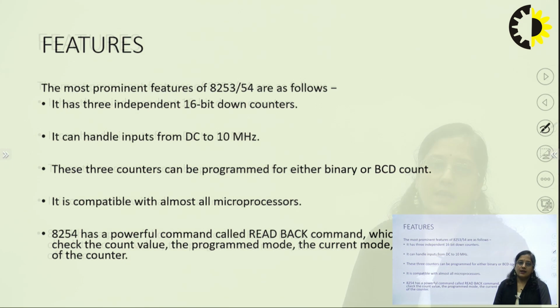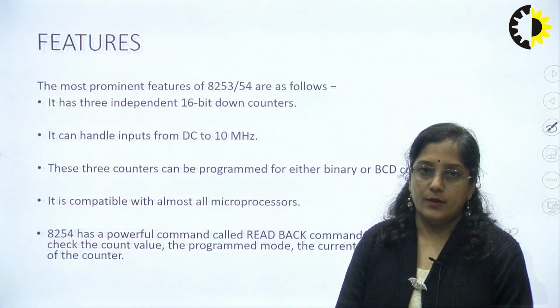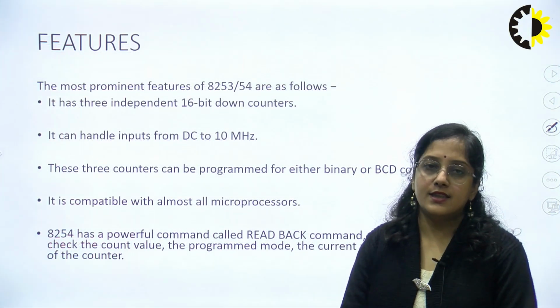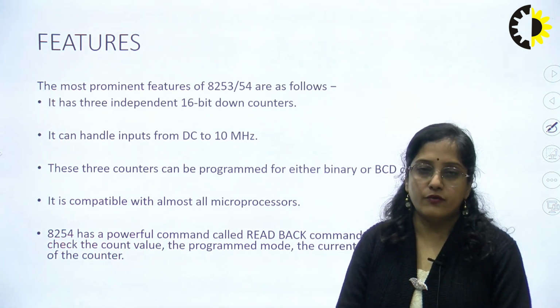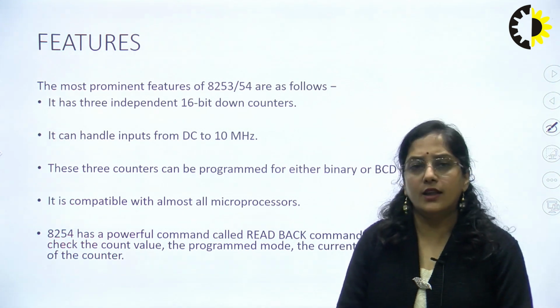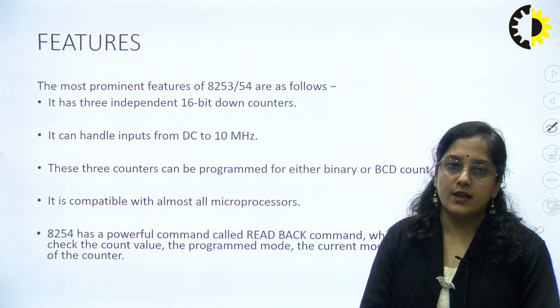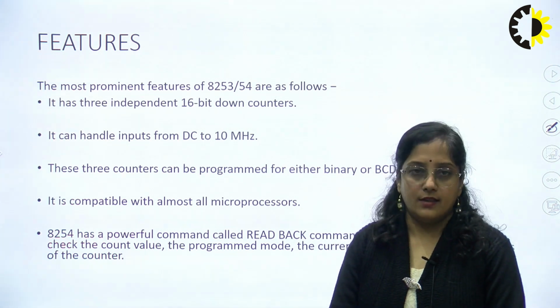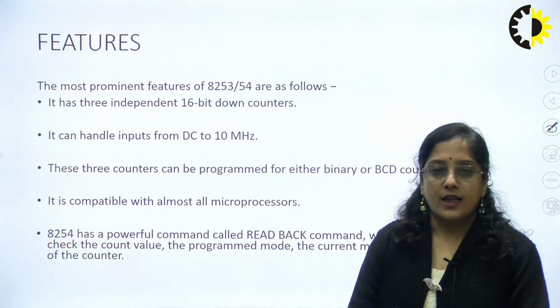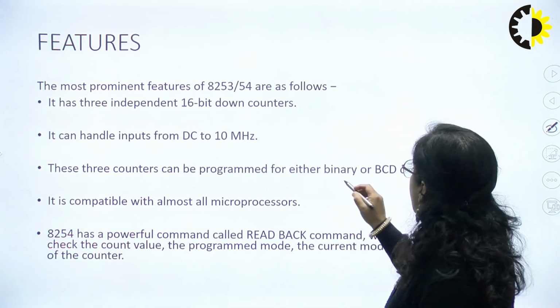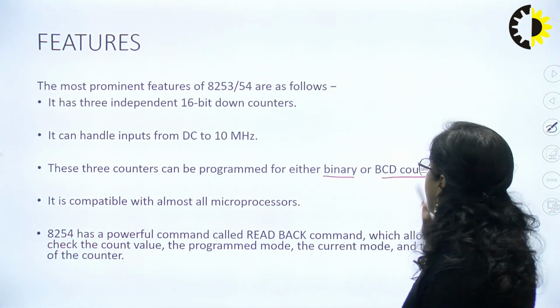It can handle up to 10 megahertz clock input frequency, so we can give a signal of up to 10 megahertz which it can count as an event. So if we consider 8253 as an event counter, then we can apply a 10 megahertz signal at maximum. Then these three counters can be programmed either as a binary counter or as a BCD counter.